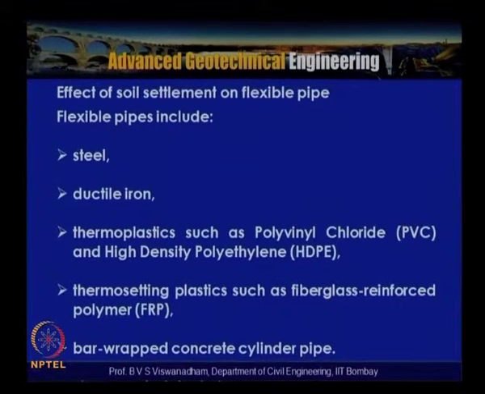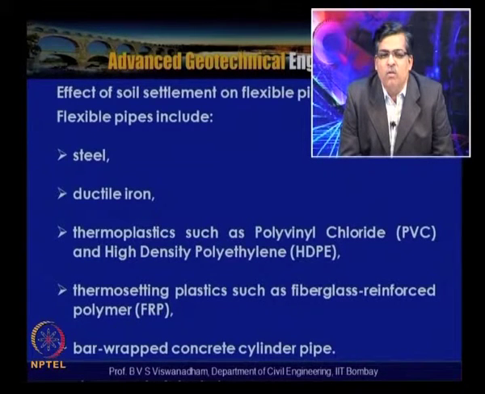So flexible pipe examples include steel pipes and ductile iron pipes, thermoplastics such as polyvinyl chloride and HDPE, high density polyethylene pipes, thermosetting plastics such as fiberglass reinforced polymer FRP pipes, and bar wrapped concrete cylinder pipes.